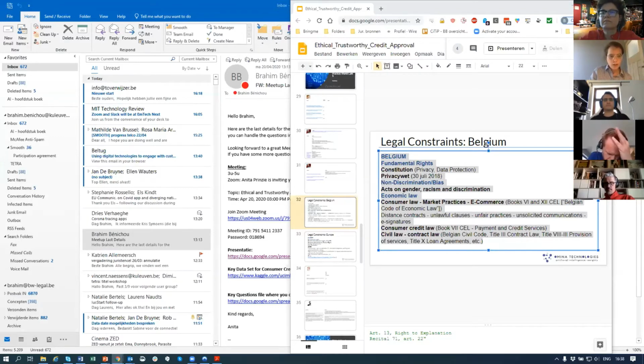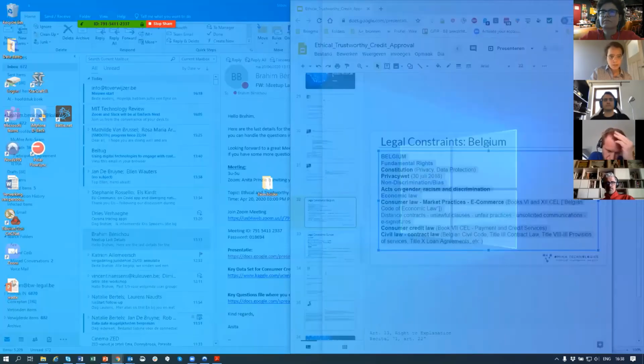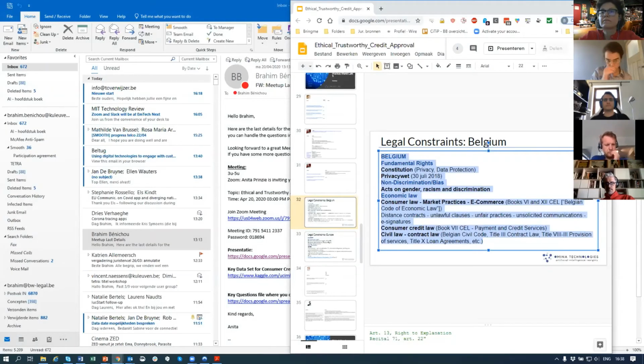So what are the explainability requirements for the customer and also for the other stakeholders in this specific case? You want to buy a TV, and then you get this decision. It's binary, it's yes or no. You should be able to explain which factors were most decisive for this decision.